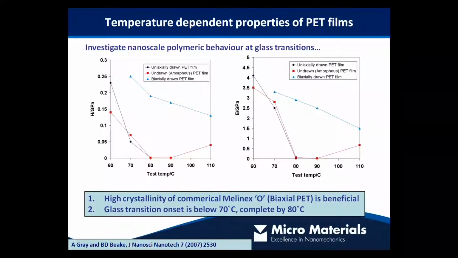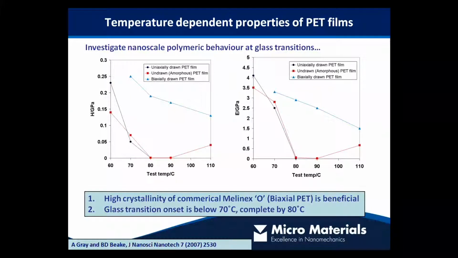So what we can see using the nano-indenter is that if we run indentation measurements at a range of temperatures from 60 up to 110 degrees Celsius, we can see that, as we would expect, the hardness of the material drops, but interestingly, the biaxially drawn PET film does not drop in hardness anywhere near at the same rate as the other two materials.